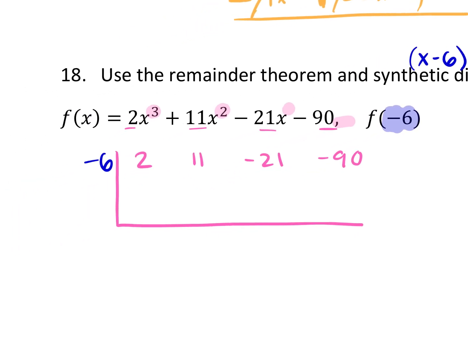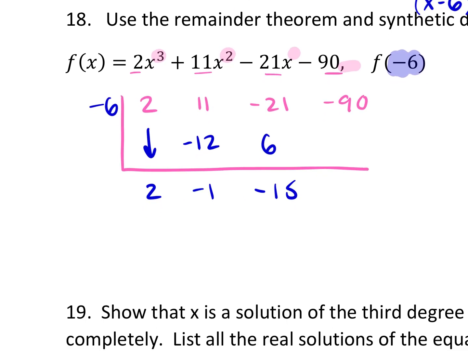So drop down the first number, multiply, add, multiply, add. Negative 21 plus 6 would be negative 15. Multiply 6 times 15 would be 90. And negative 90 plus 90 would be 0.